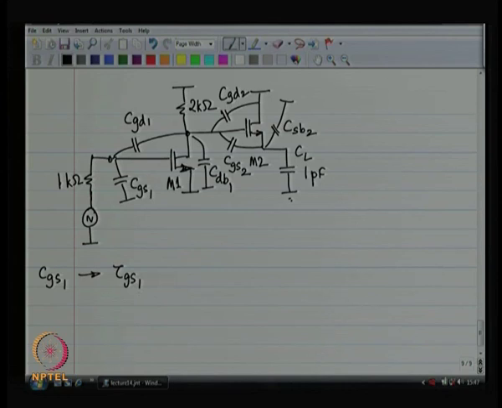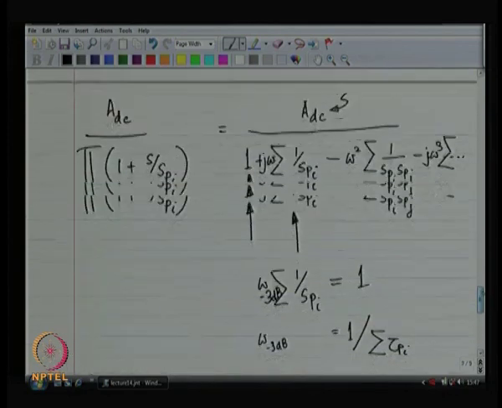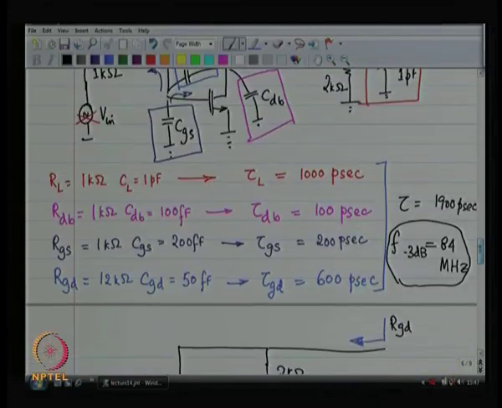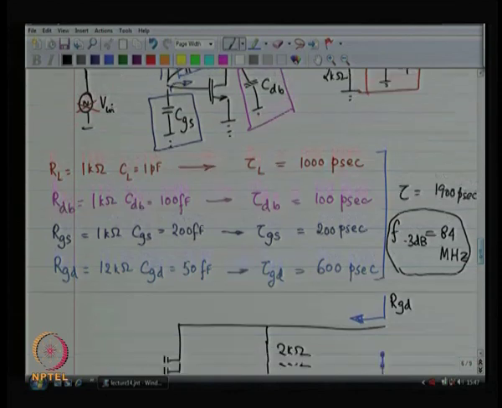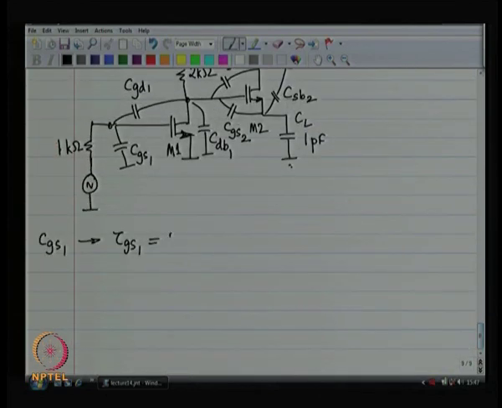When I pull out CGS1, remember CGD1 is already not really there. The resistance I see is still 1 kilo ohms. So, there is no change from before, which basically means that I have got 200 picoseconds. Okay. So, this is done.